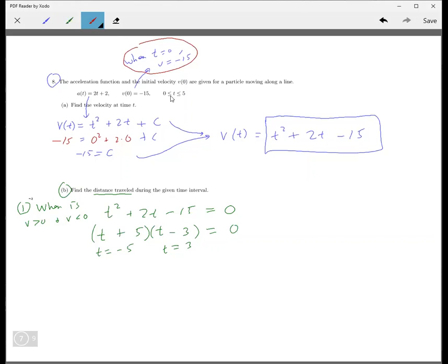By given time interval, they mean this, by the way, from 0 to 5. Okay, so in that time interval from 0 to 5, -5 is out of the time interval, so throw that out. It changes direction when t is 3.